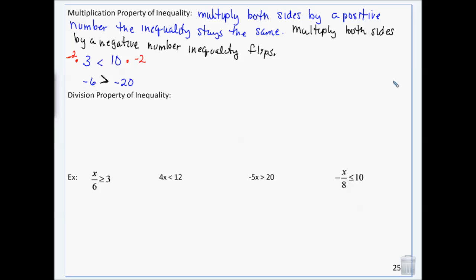Whereas if I multiply by a positive number, that's not the case. If I have 3 is less than 10 and I multiply by a +2, I have 6 and I have 20. Well, 6 is less than 20. So if you multiply by negative, you have to flip your inequality around.